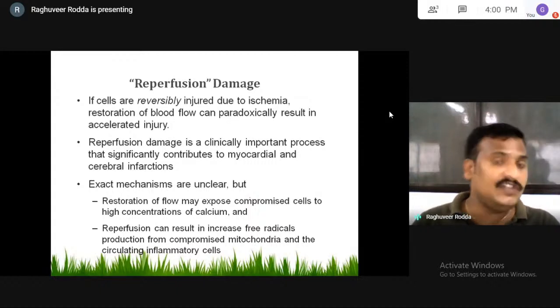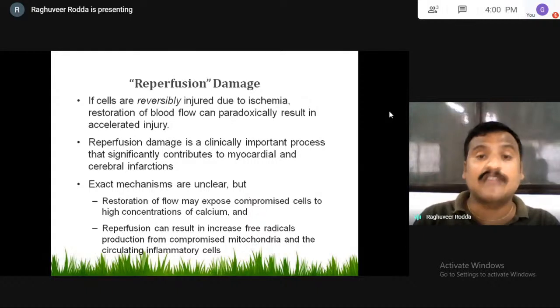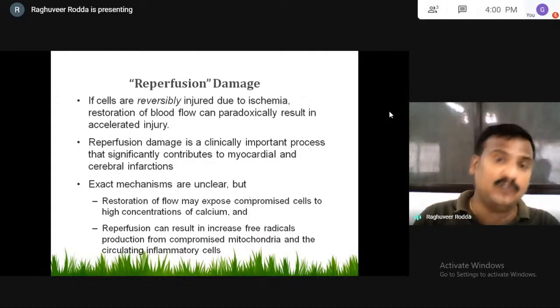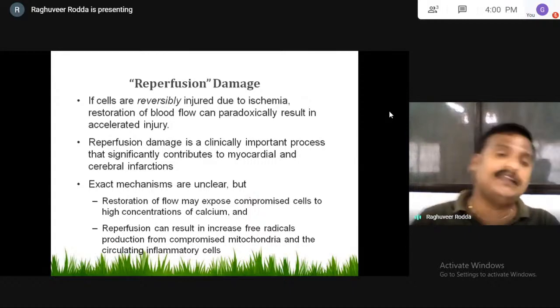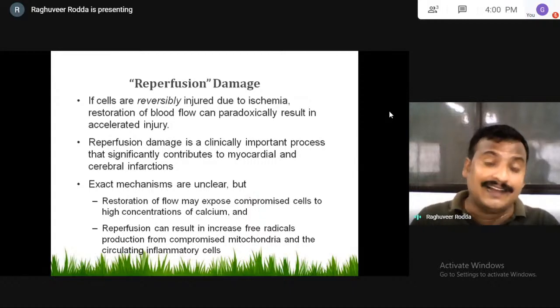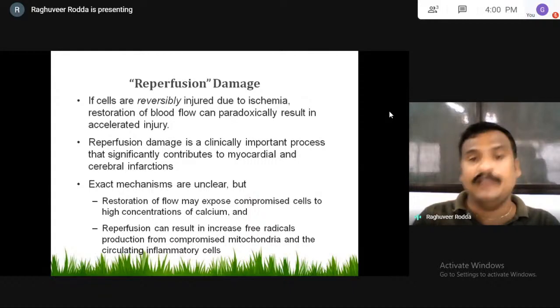At the damaged condition, some of the vital activities of the cell are compromised, and if you reperfuse, or provide all the requirements all of a sudden at a higher concentration, it will cause accelerated injury instead of recovery.